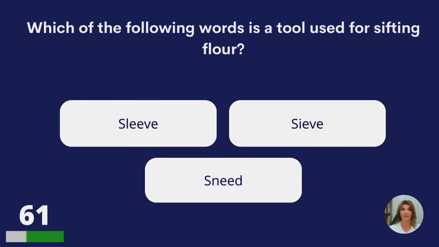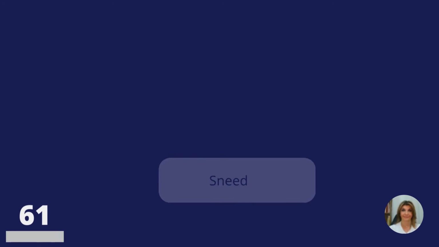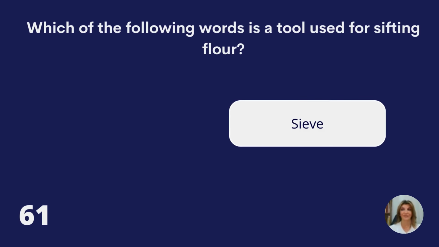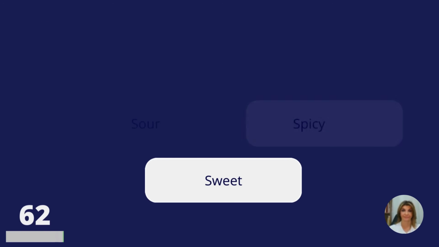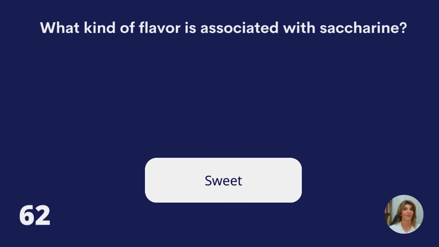Sleeve, sieve, or sneed? Sieve. What kind of flavor is associated with saccharine? Sour, spicy, or sweet? Sweet.